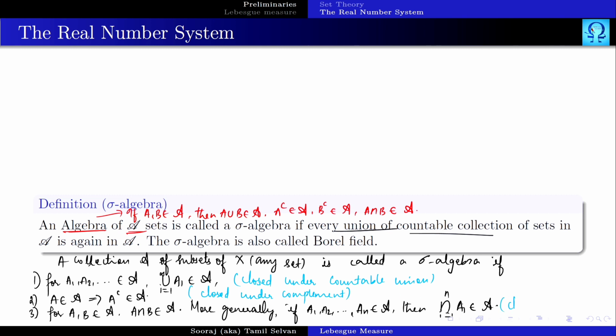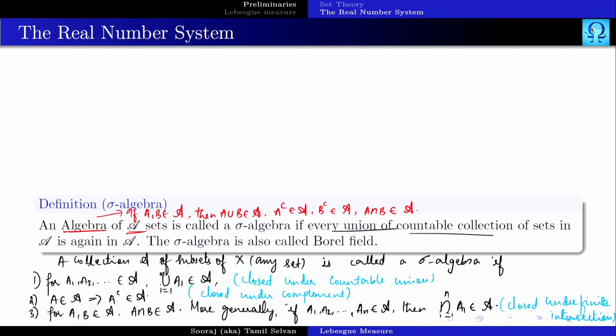This is closed under finite intersection. So one has to be very careful about using this union and intersection in sigma algebra. Here you might have noticed that it is closed under countable union, which means even if you take an infinite number of subsets of a particular set, that is not a bother.